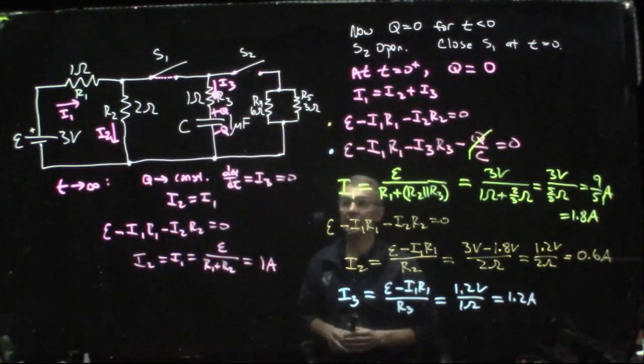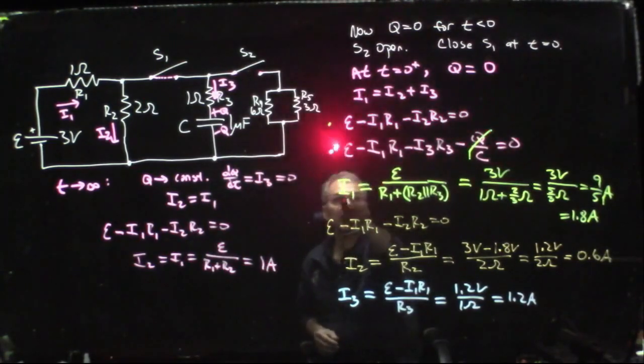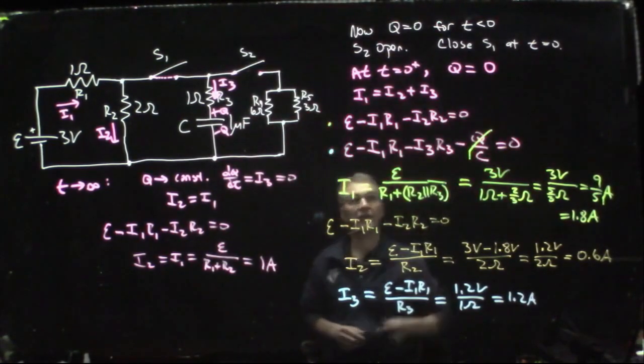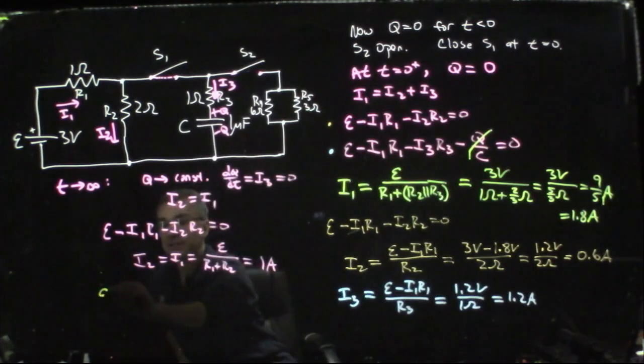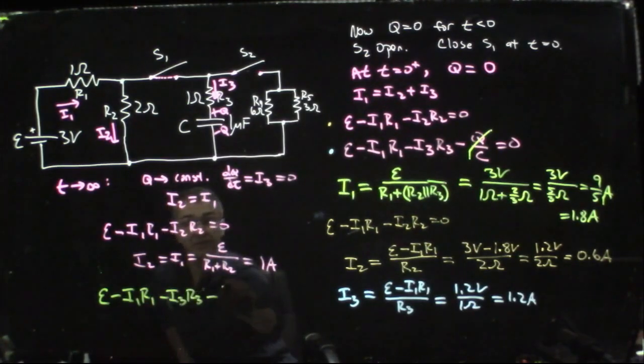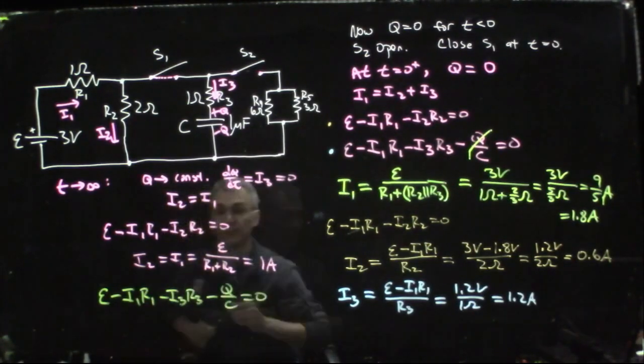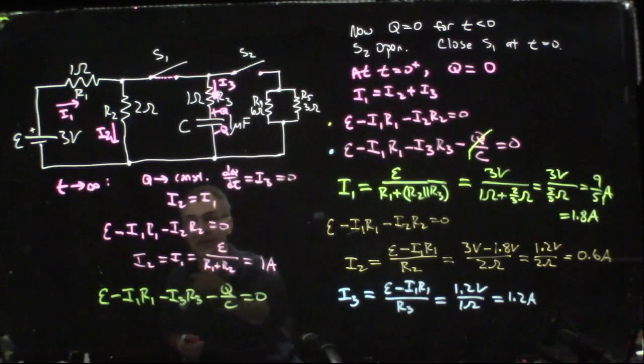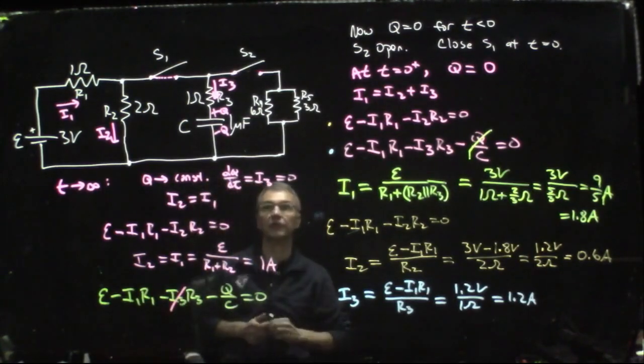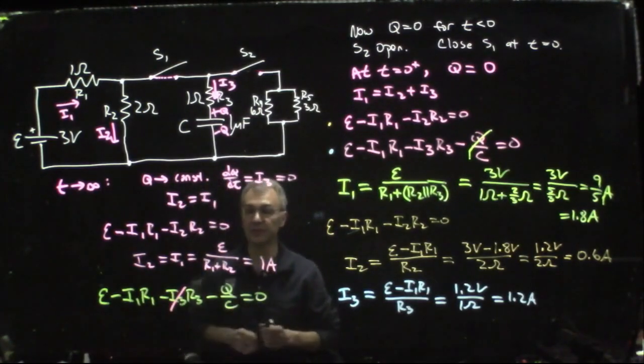And then what's the charge on the capacitor? We can use this equation without anything crossed out. That says the battery EMF minus I1 R1 minus I3 R3 minus Q over C equals 0. Now actually the term we cross out is I3 R3, because we know the capacitor charge is constant, so I3 is 0.